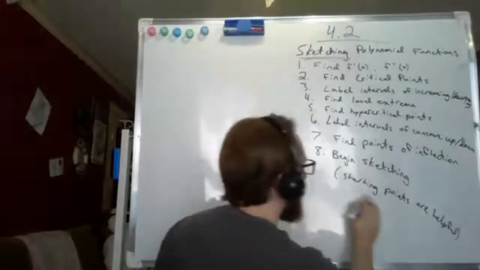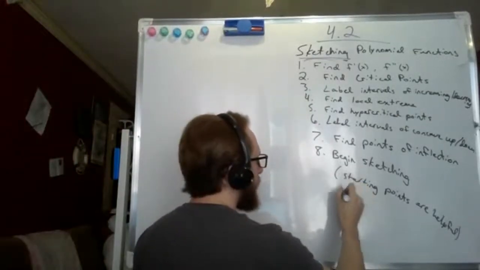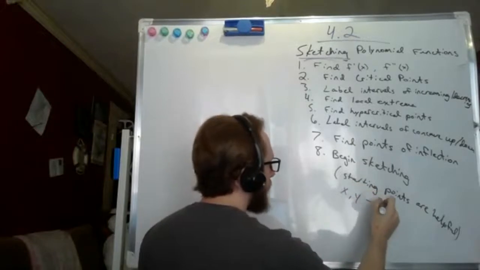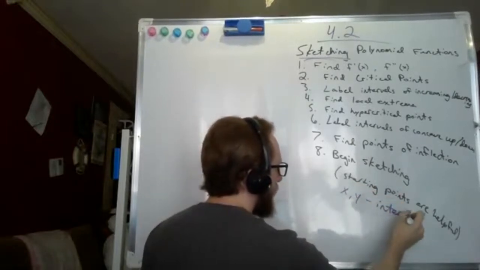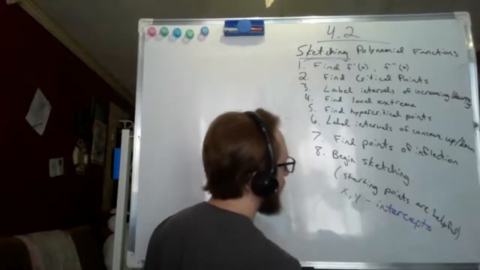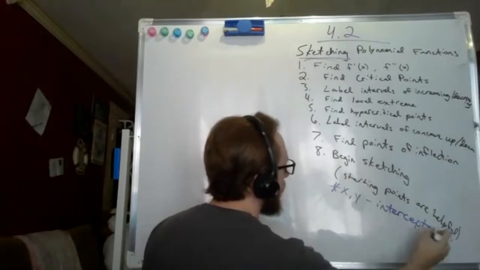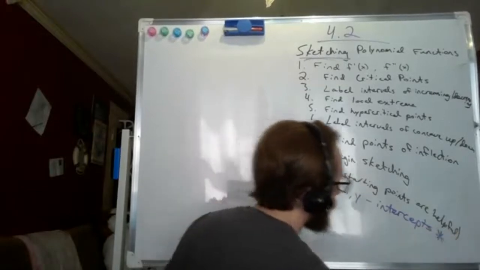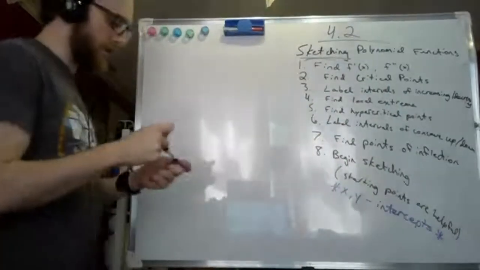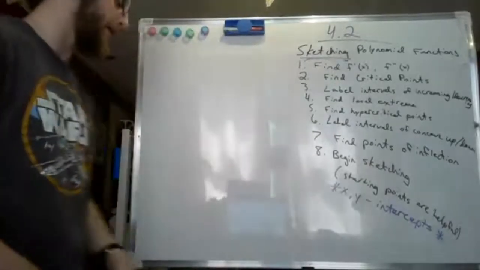So among these helpful points to help you get started, it's also nice to know x and y intercepts. If you're lucky, sometimes the question will give it to you, but if it doesn't, that's okay. If it gives you an equation, then you can solve for these, and then you'll know exactly where it crosses the x-axis and where it crosses the y-axis. So, useful stuff there. Keep that in mind.